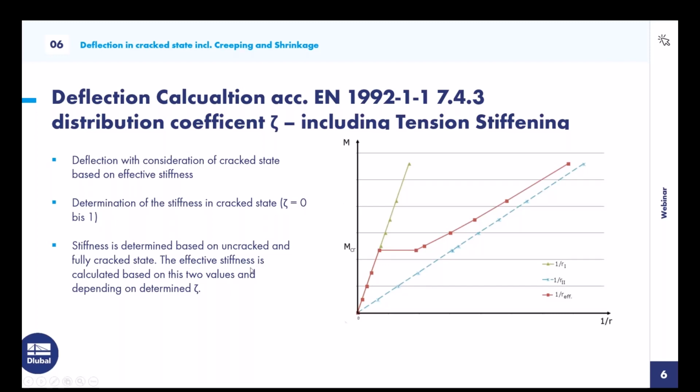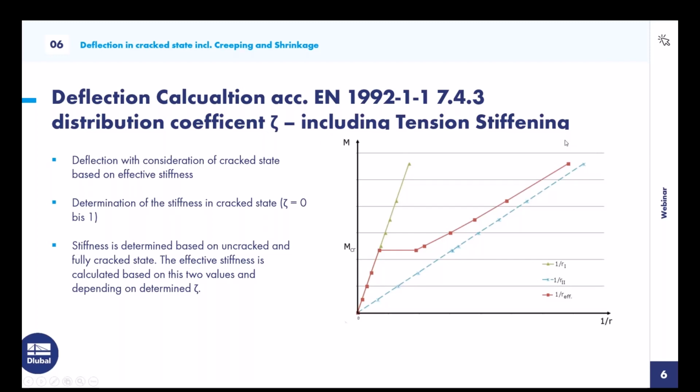And based on this distribution coefficient, the stiffness is determined. This coefficient is depending on the load and the height of the load. So we have a state between completely cracked and uncracked here. So this is our default setting.